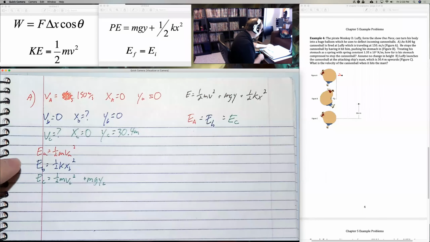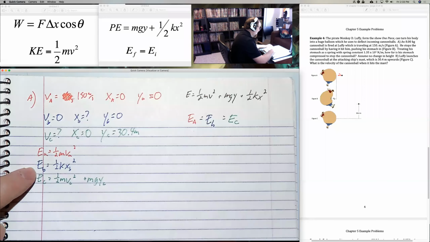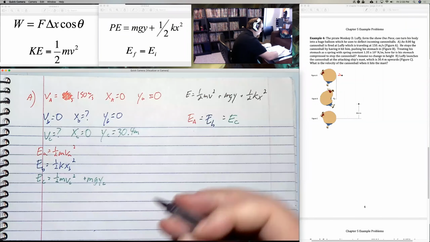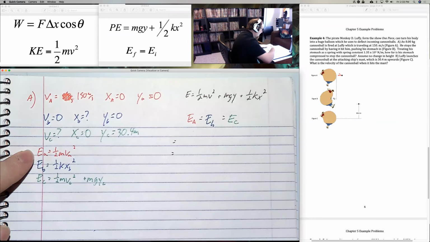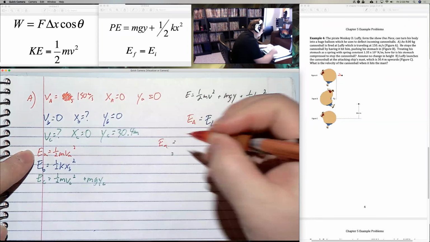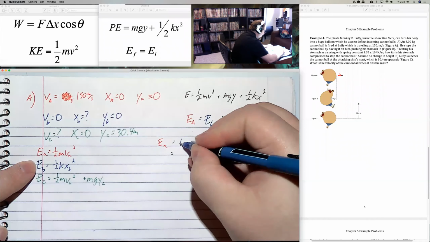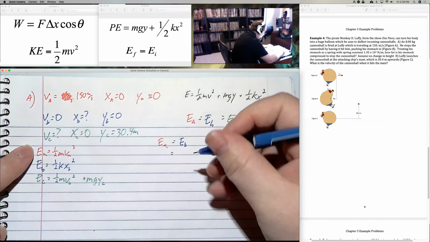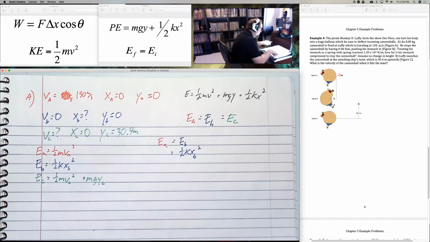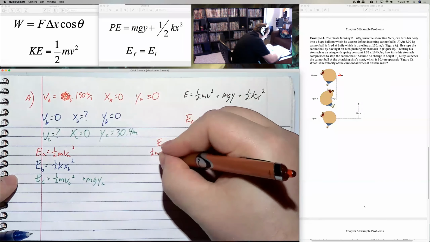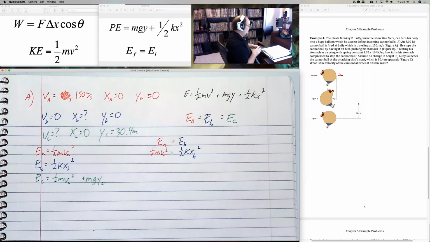Now I know everything in A. So I'm going to find X of B. What I would do to start is say, I know everything in A, so I'll set my energy at A equal to my energy at B. Or 1/2 mVA squared equals 1/2 kxb squared.